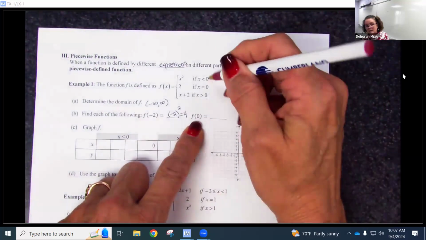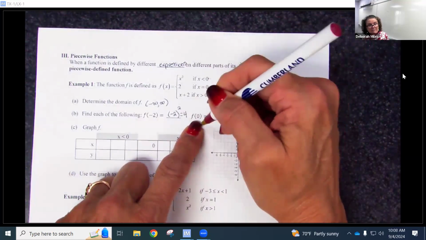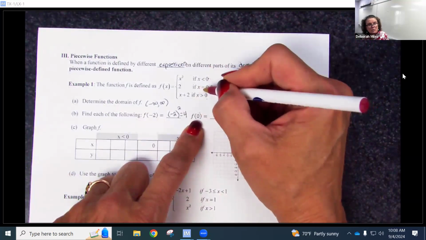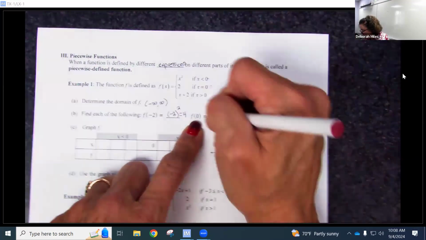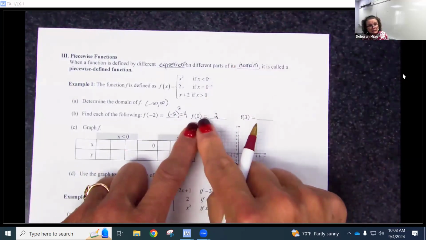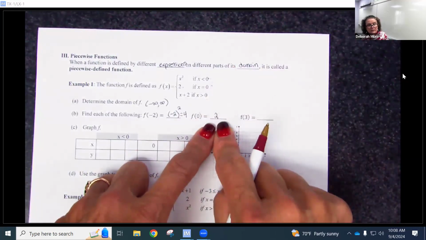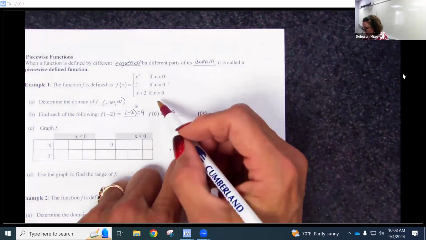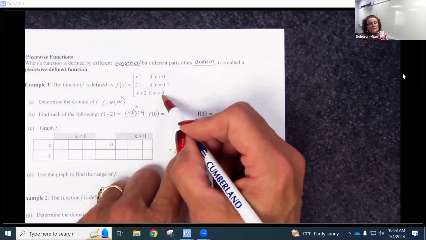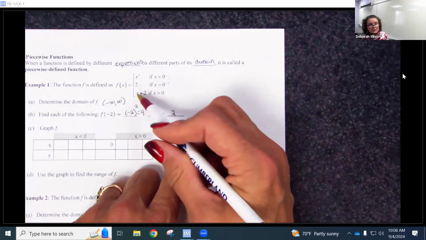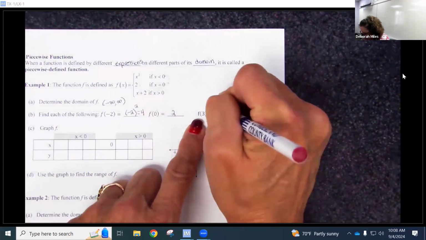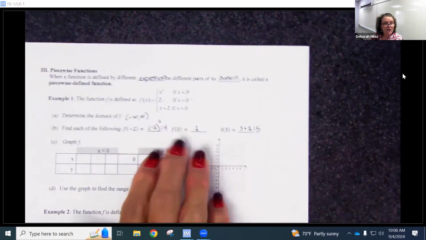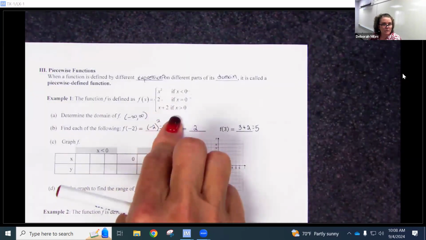I look to see in which part of the domain that value falls. Well, it's the middle part. It says when x is 0, your y is just 2. I don't have to do anything to it. When I plug in a 0, this function gives me a 2. And when I put in a 3, well, that's a positive number. So the function returns 3 plus 2, or 5. So that's how you find function values for piecewise functions.